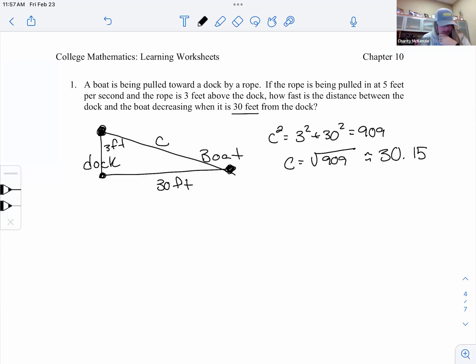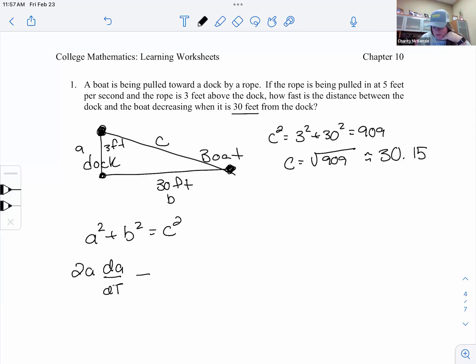So if we think of this as A squared plus B squared equals C squared, we'll let the A be here and the B be here. We could think of this in terms of the derivative. So we're going to take the derivative of A squared plus B squared equals C squared. That would look like 2A, but then it's really dA/dt, A in terms of time, right?